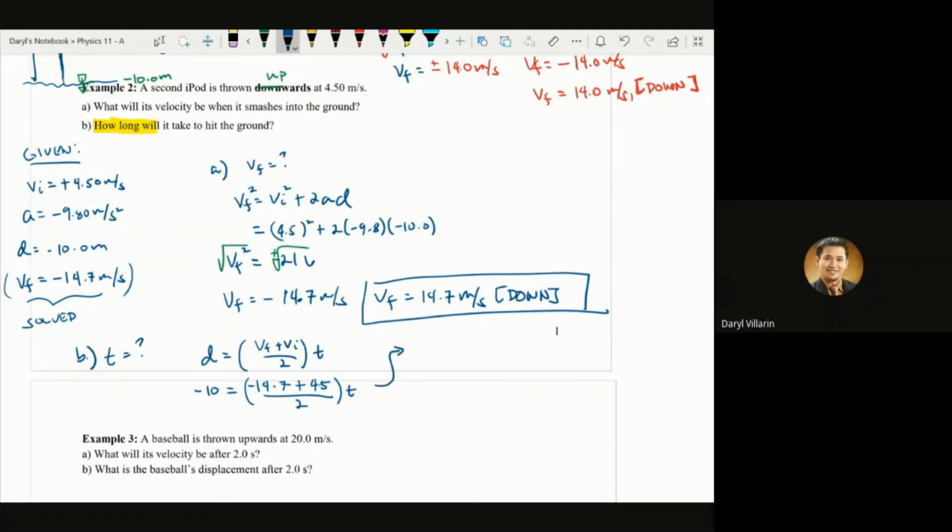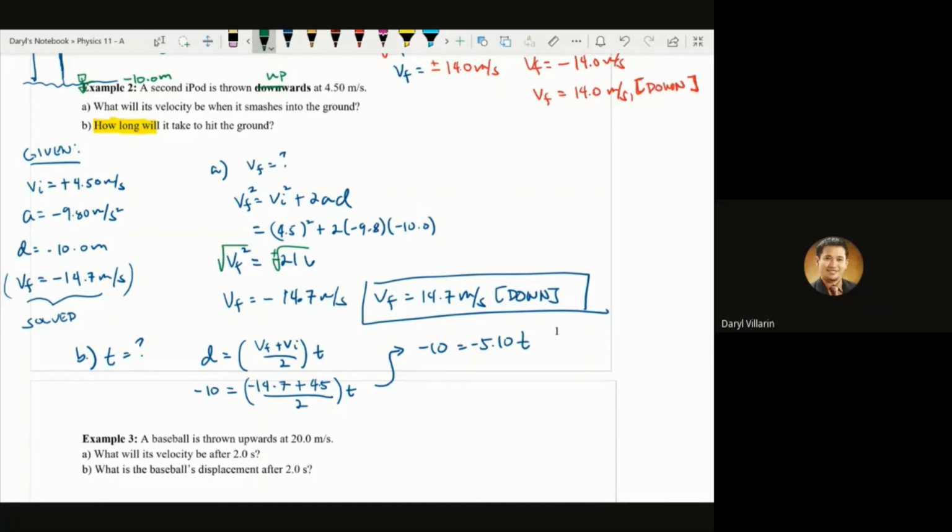That's negative 10 equals negative 14.7 plus 4.5 divided by 2, which should give me negative 5.10 t.